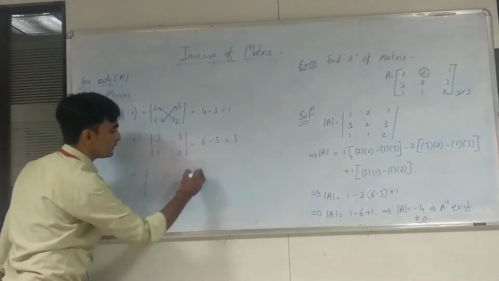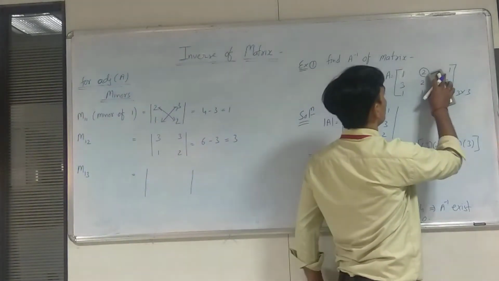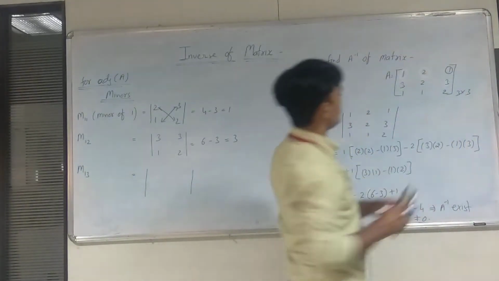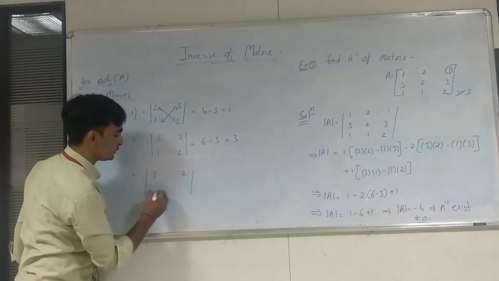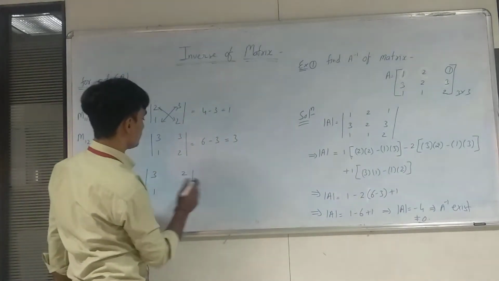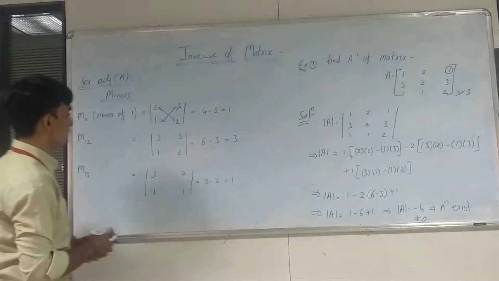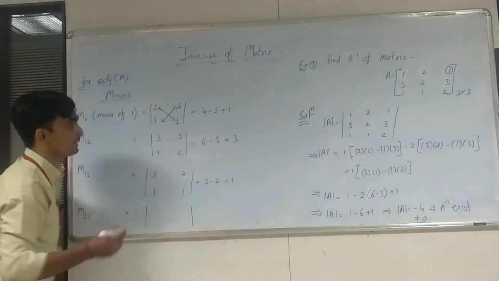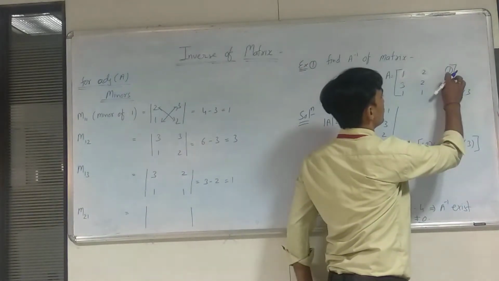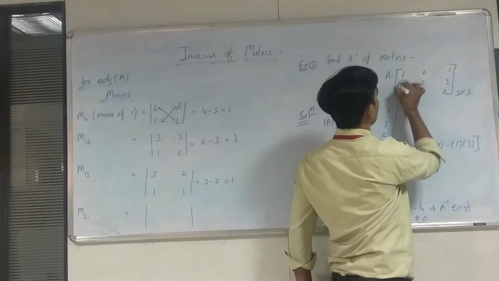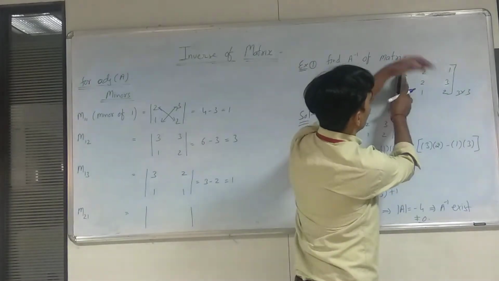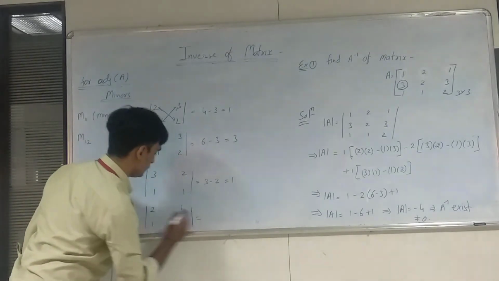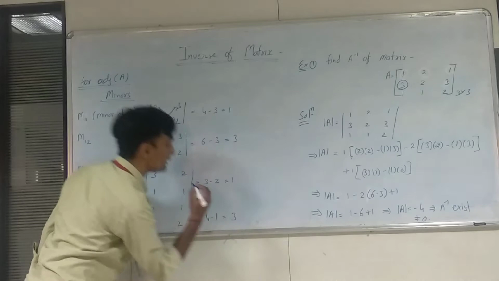M13 is the minor of first row, third column. So this one, 3 2 1 1. This implies 3 minus 2, it is 1. Same way M21, for second row and first column, is 2 1 1 2. It is 4 minus 1, so it is 3.